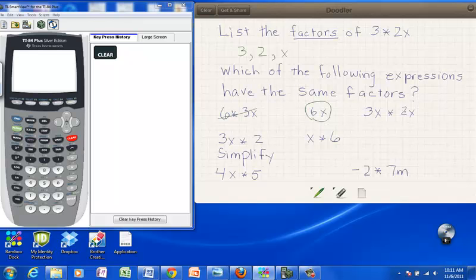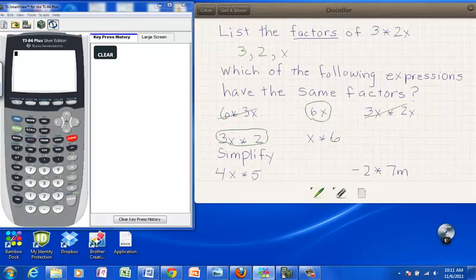Well, here's 3 times 2, but this has x times x, and there's only one x factor up here, so there's too many x factors in that expression. Here's 3 as a factor, x, and 2, so that has the same factors as our original expression.